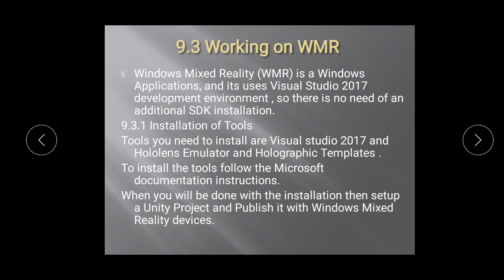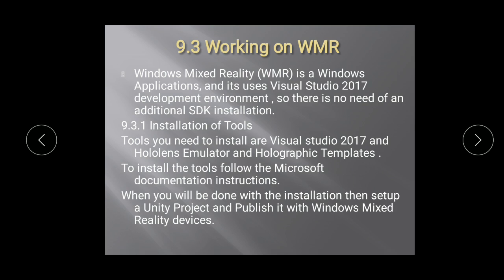When you are done with the installation, then set up a Unity project. So separately you have to start a Unity project and publish it with Windows Mixed Reality devices. So just go through and check out the mixed reality functions for Windows in Unity, and once you include it, you can start your work on that.